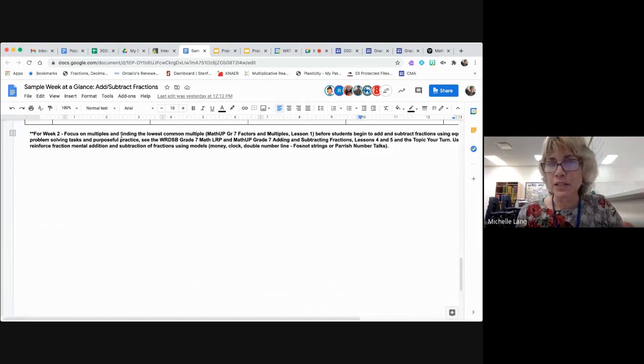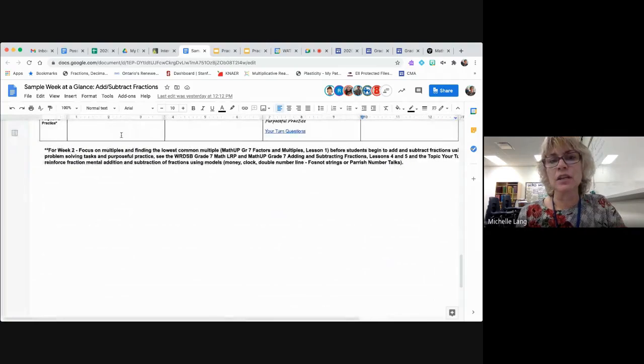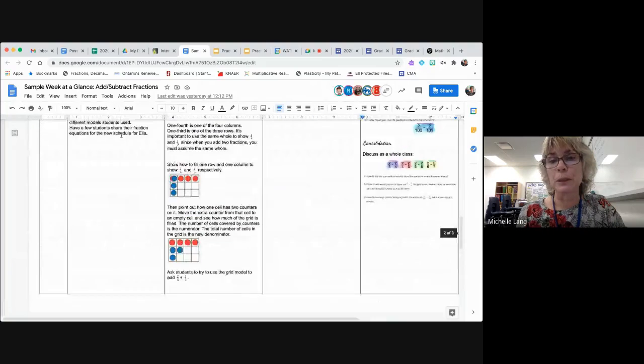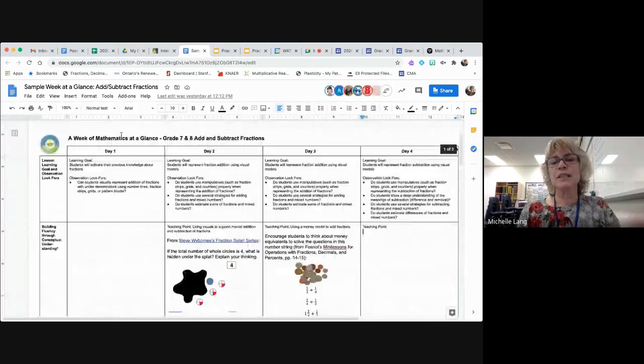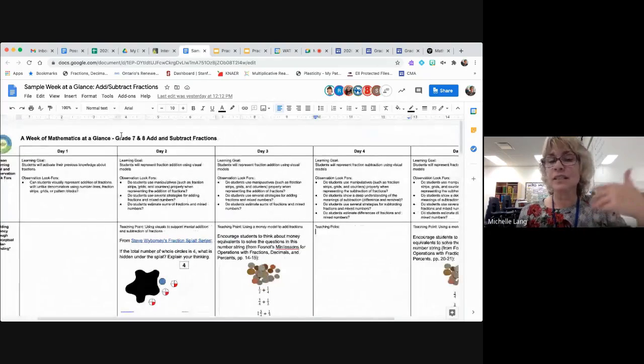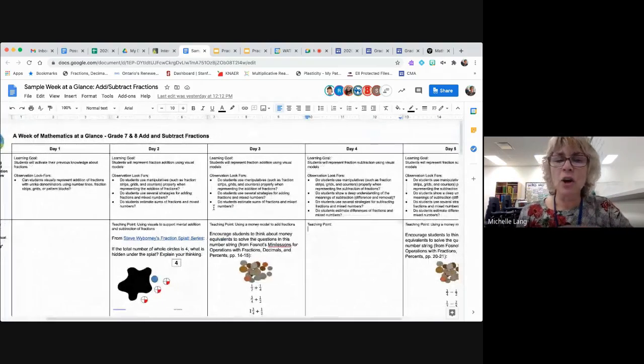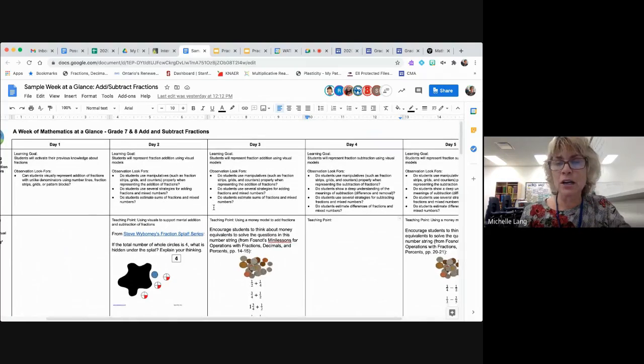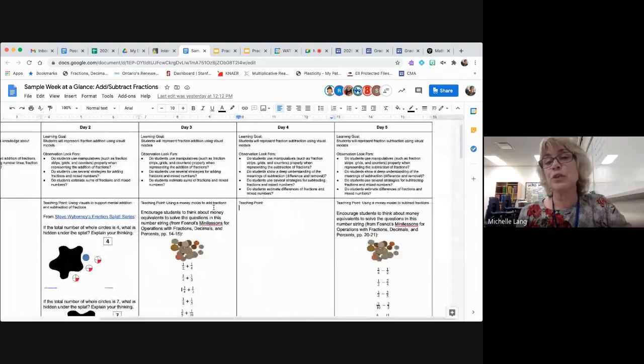And there's some Math Up lessons I've referenced there, as well as the grade 7 long range plans. So this is just something that helps you to see what it might look like, a week at a glance, and it's something that can help you get started. It's always going to depend on where your students are and what their areas of need are, but it's a place for you to start is what it's intended to be.